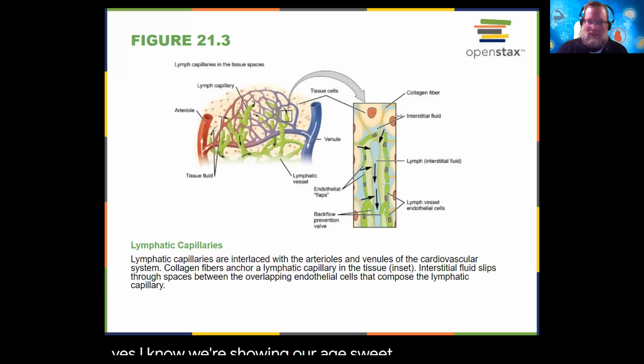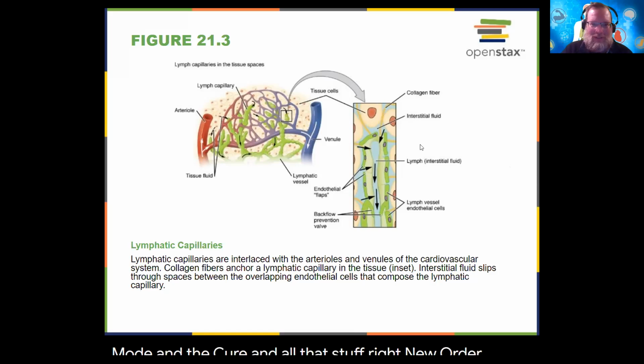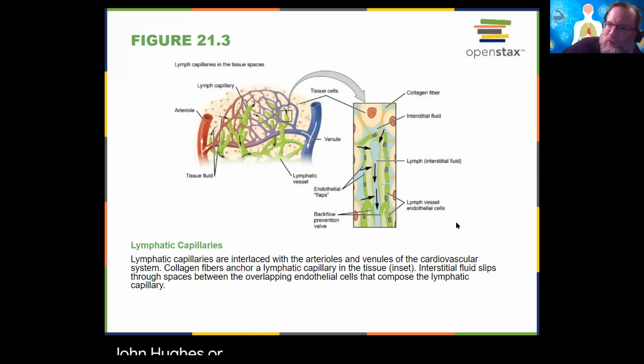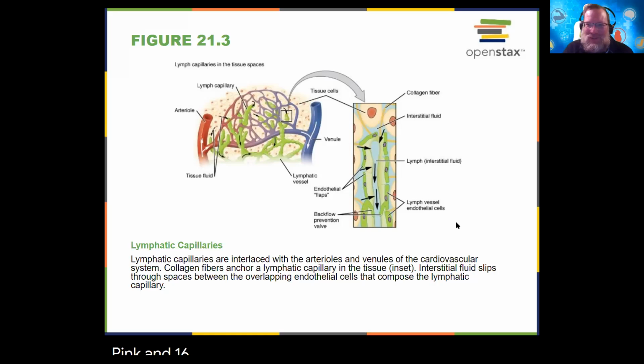Oh, sweet. Hey, all right. That's awesome. Yeah, those are the soundtracks of our lives, right? Mixtapes with Thompson Twins and Depeche Mode and The Cure and all that stuff, right? New Order. Yeah, The Breakfast Club's awesome. All those John Hughes movies, Pretty in Pink and Sixteen Candles. That's the good stuff right there.